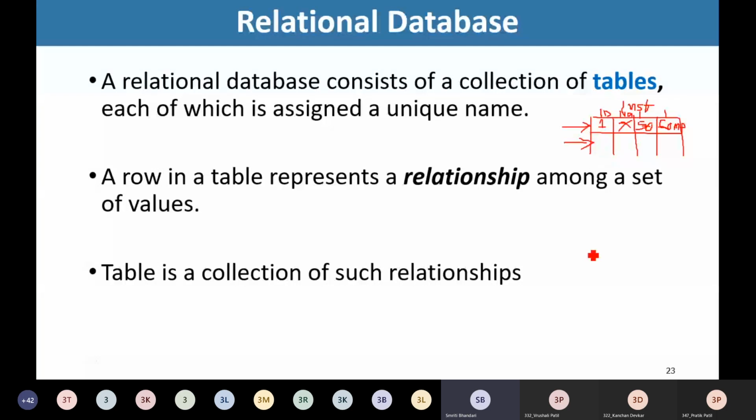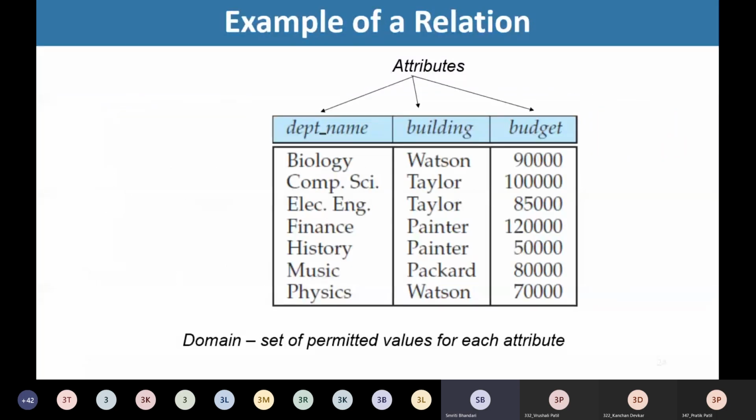And I have many such rows in my table. So in fact, this table can be viewed as a collection of such relationships among the set of values related to the respective attributes. Okay? Now, let us see one example of a relation.